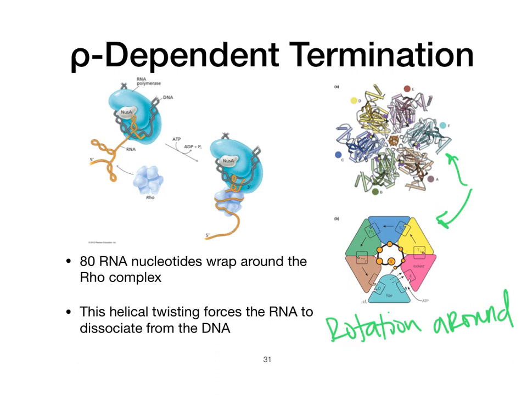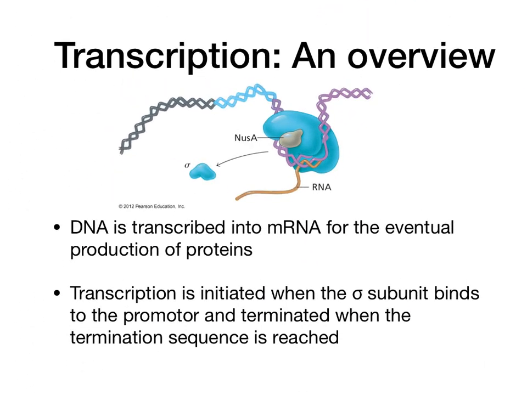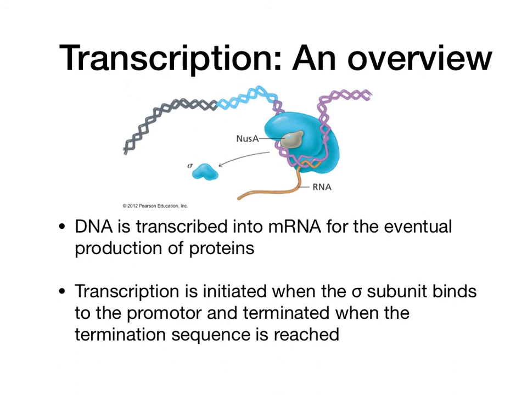And so when we see this rotation in this direction, it is going to essentially remove the mRNA from the elongation complex. So termination involves the formation of a hairpin. The hairpin can induce binding of rho, which then twists and removes the mRNA fragment or any RNA fragment. Or we can have rho independent, where a hairpin forms, forcing the collapse of the entire elongation complex.